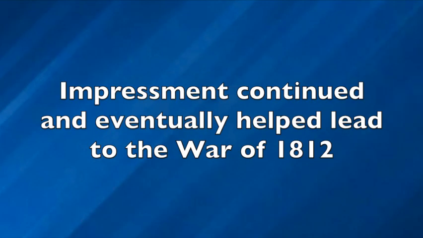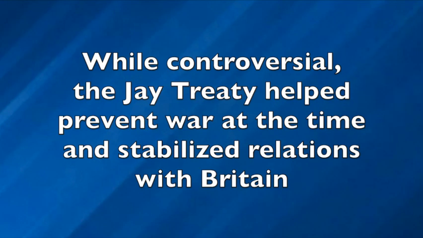This practice continued to strain U.S.-British relations and contributed to the causes of the War of 1812, when James Madison was president. While it was controversial and met with significant opposition, particularly from the Jeffersonian Republicans, who saw it as a betrayal of revolutionary ideals, it helped prevent war at the time with Britain and stabilize relations.